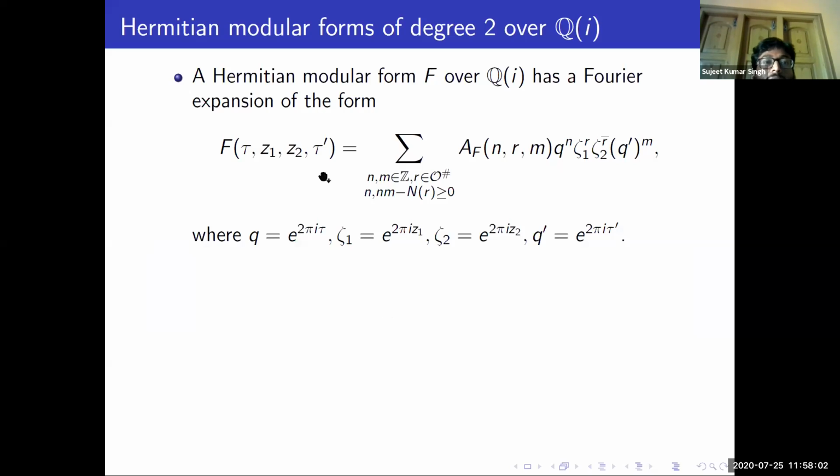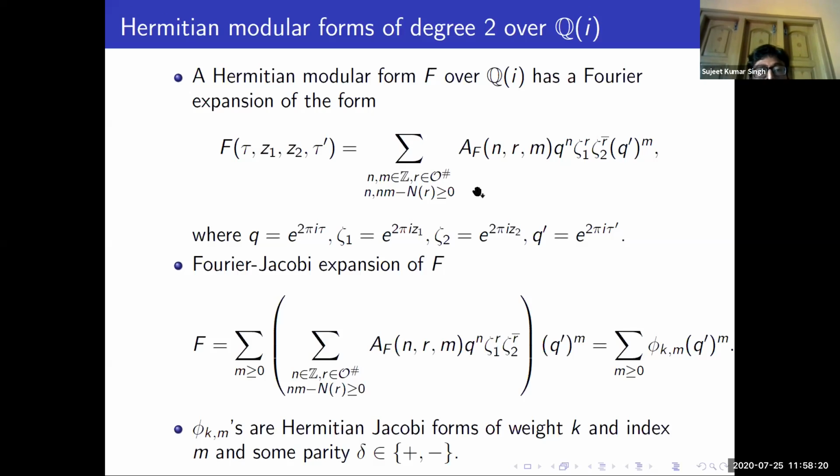Hermitian Jacobi forms actually occur as the Fourier Jacobi coefficients of Hermitian modular forms. A Hermitian modular form over Q(i) has a Fourier expansion given by this, and it has a Fourier Jacobi expansion of this form.